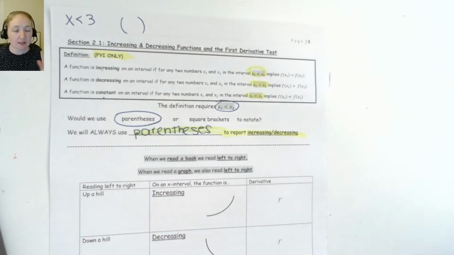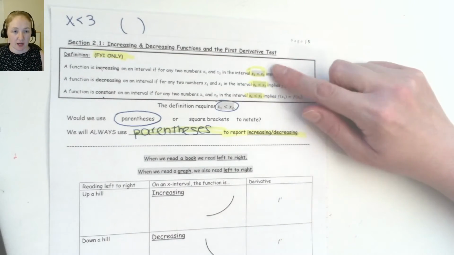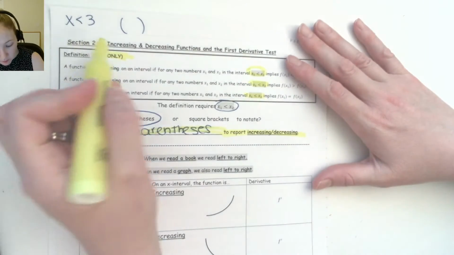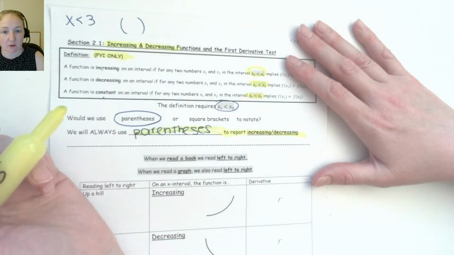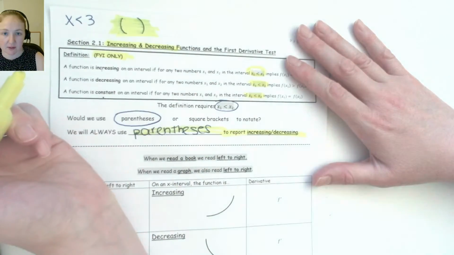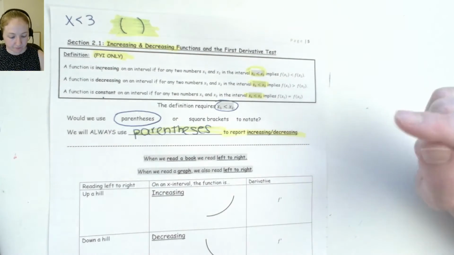And the reason why goes back to this definition that x sub 1 has to be less than x sub 2. So the first thing that I need us to remember from college algebra is that if I am looking at where it's increasing and where it's decreasing, I always use parentheses. That is every single time. I'm never going to use a square bracket, and it comes from that definition.